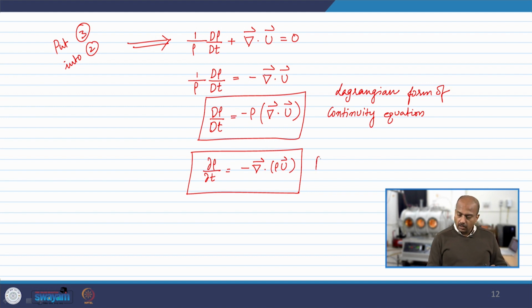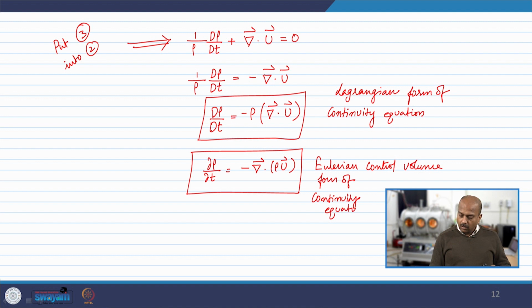So, this is the Eulerian control volume, using the Eulerian control volume or Eulerian form of continuity equation, right. So, we will continue to explore more aspects of treating plasma as a fluid in the next lectures.